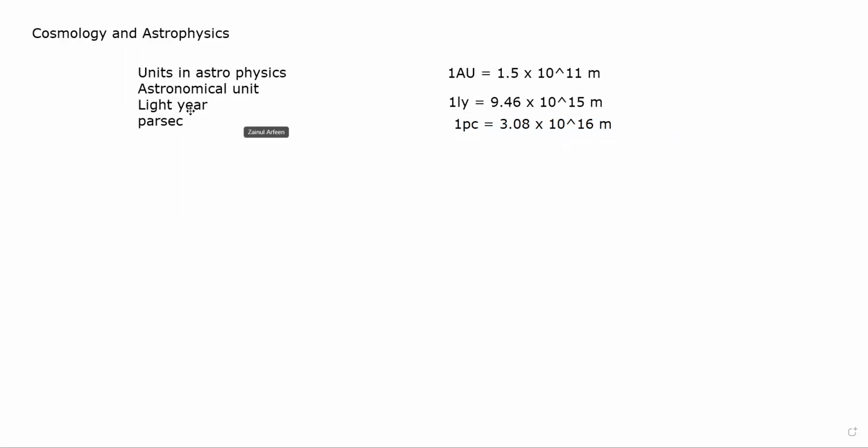Then the comparison between the astronomical unit, light year, and parsec. 1 parsec is equal to 3.26 light years.